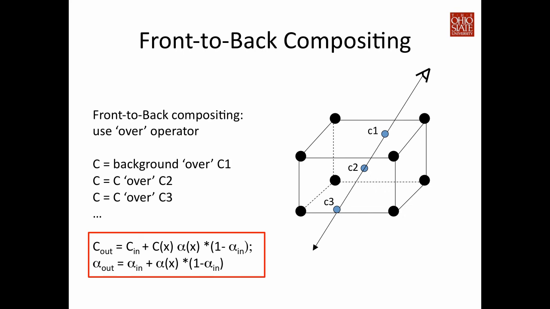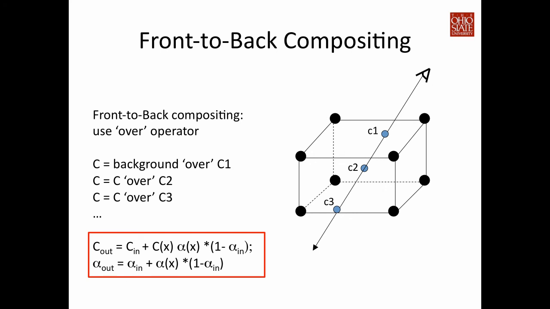So you take the input color from the previous step that you accumulated so far, and you add the contribution of this new sample. Essentially, this is the color multiplied by its opacity, and then multiplied by the accumulated alpha up to this point. And you get a new color, and you update the opacity, that is the alpha out, taking the current sample into account, and you send this C out and alpha out to the next iteration.